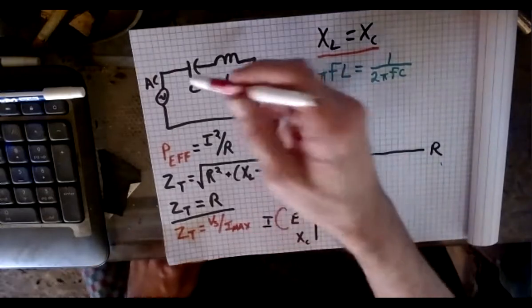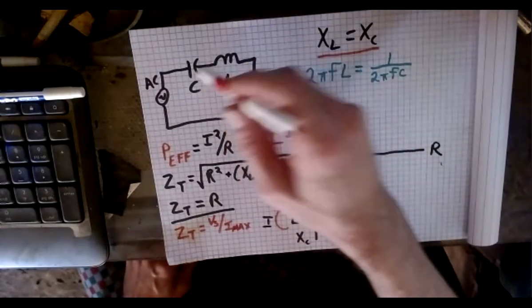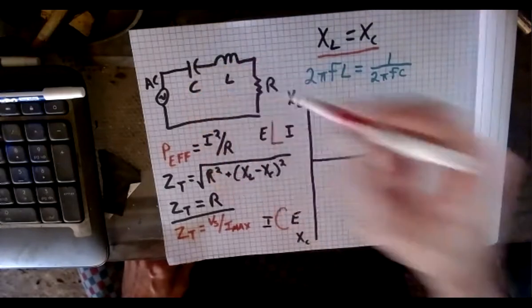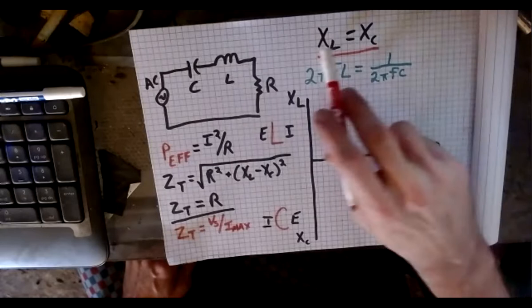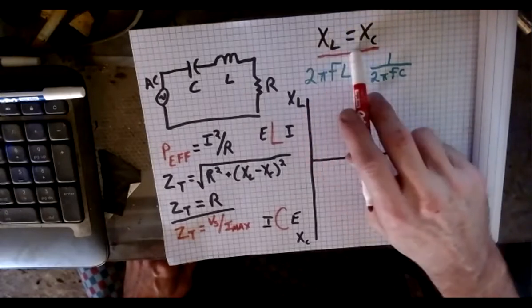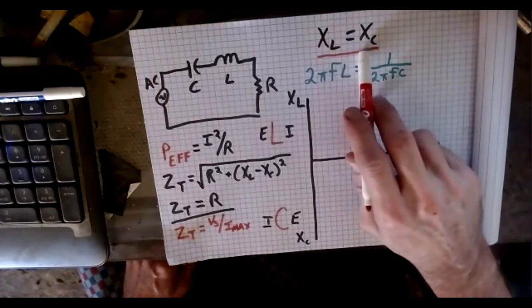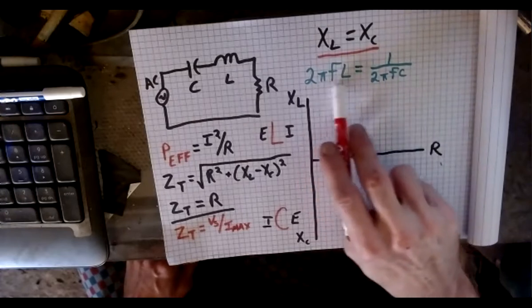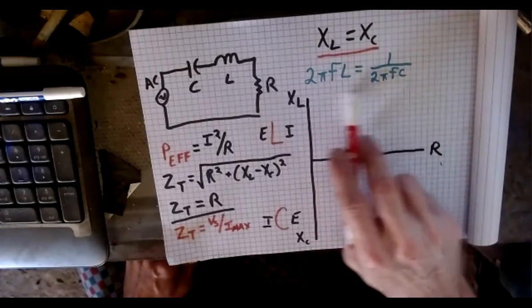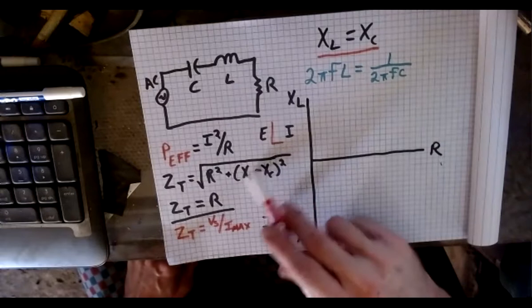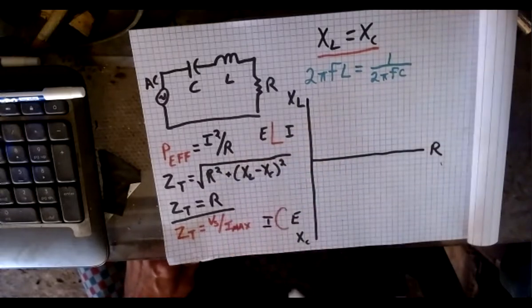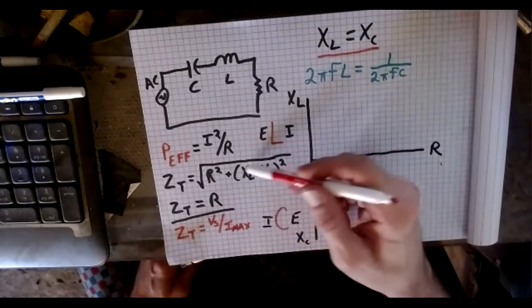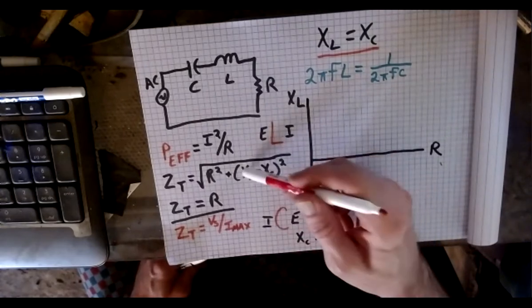Now, it's swinging out. Normally the effect of these two, either A gives me more inductive or B gives me more capacitive. But by stating that the X of L is equal to the X of C, and based on this formula here and how they would cancel each other out, brings us to this. All right. And then because they're equal, they cancel each other out.